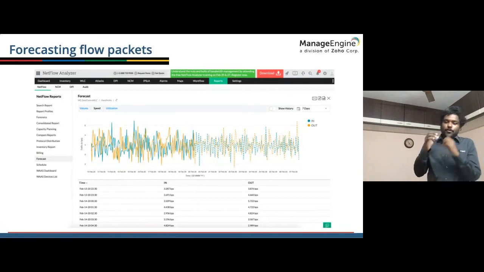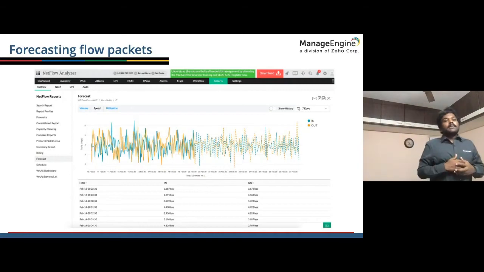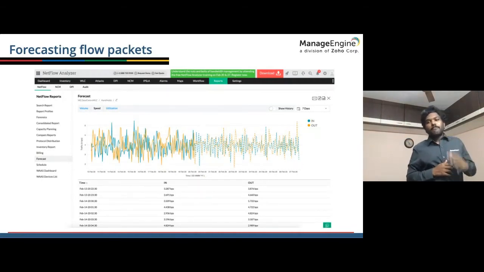When you forecast at a weekly level, it has to tell you that Friday's traffic is high, Monday's traffic is low, and so on. But when you forecast at a monthly level, you see that it is growing at 10% and it has to forecast accordingly, right? So this could look like very simple forecasting, but the fact that it is this accurate is because it is powered by AI, because it is surfing through a lot of data by looking at your past data.